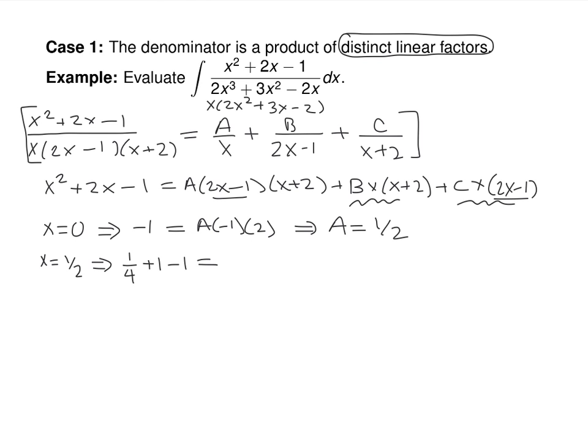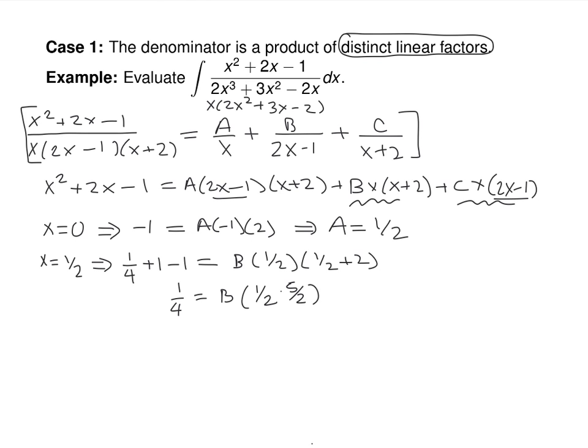Equals, the a factor's gone, the c factor's gone, we have b times 1/2 times (1/2 plus 2). So on the left side we have a quarter, on the right side we have b times 1/2 times (1 plus 2) is 5/2.